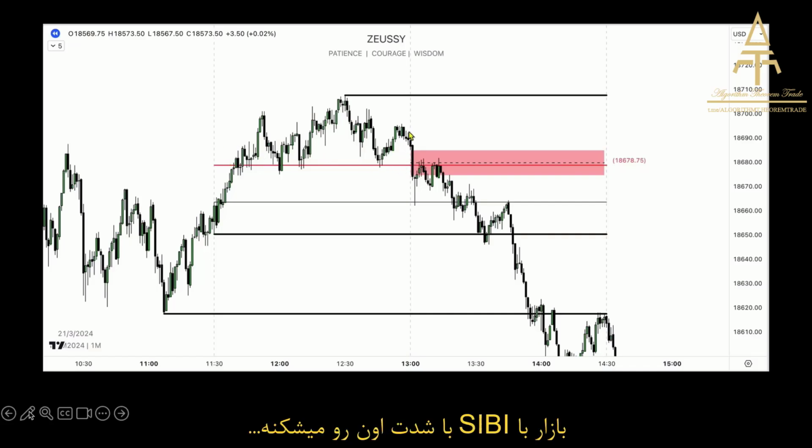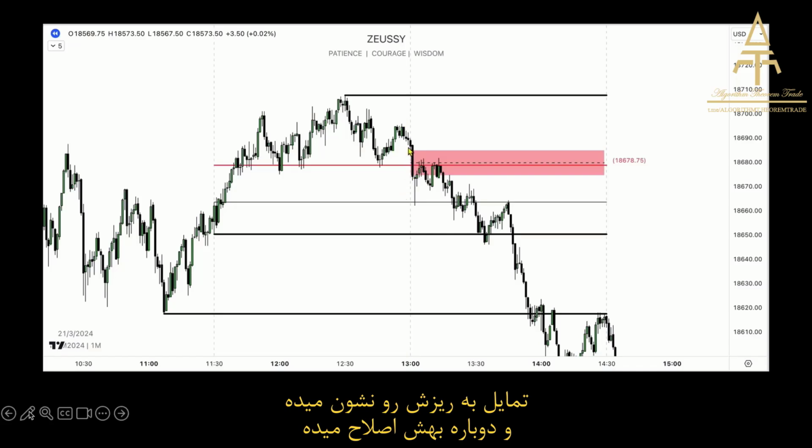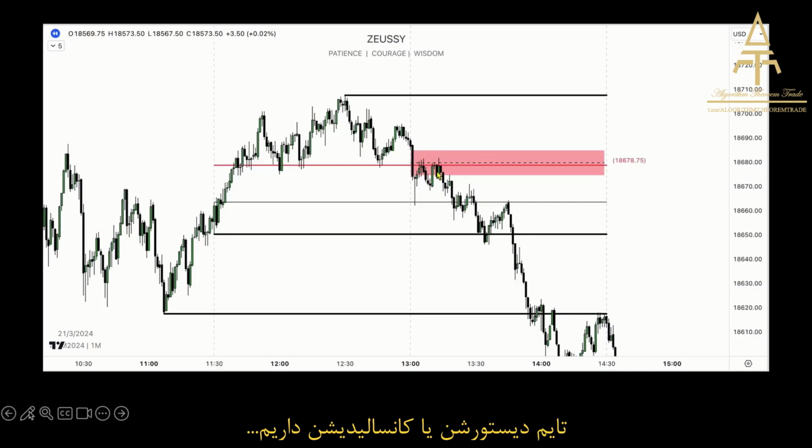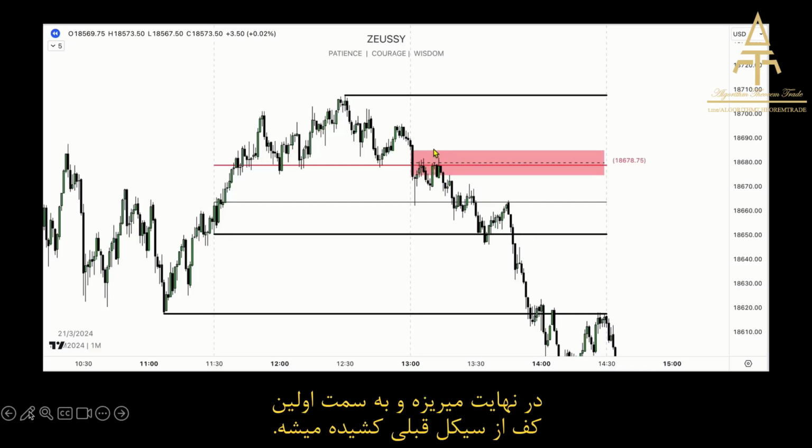The market displaces through that with a CB. It shows a willingness to move lower. Market retraces into that. Time distortion takes place, meaning the market consolidates, and then it finally begins to roll over and it draws towards the first PM cycle's low.